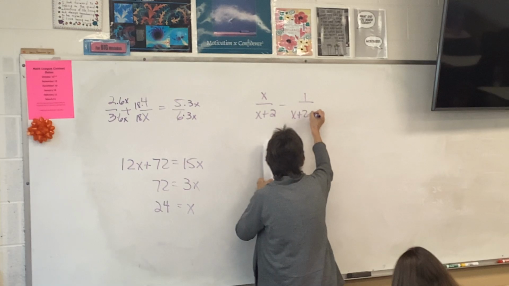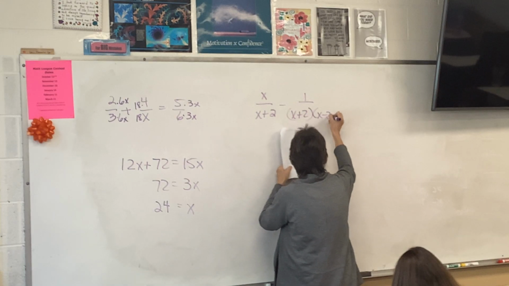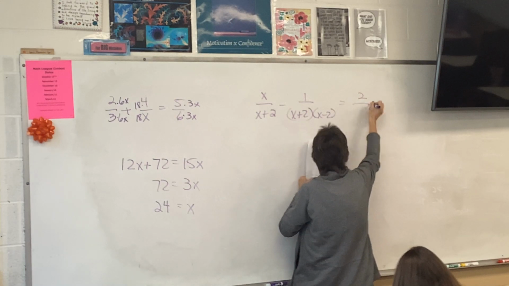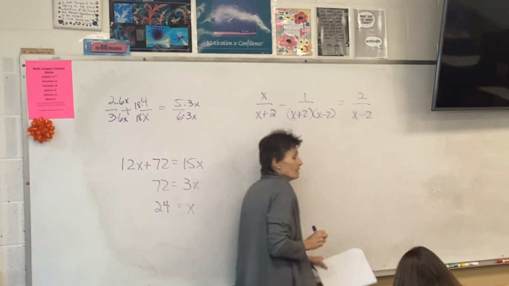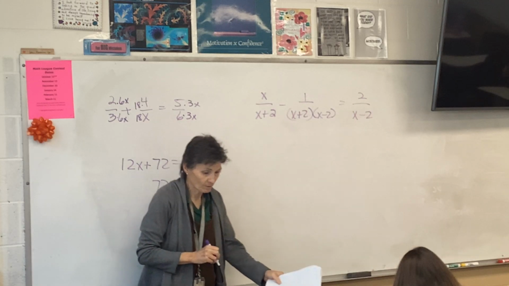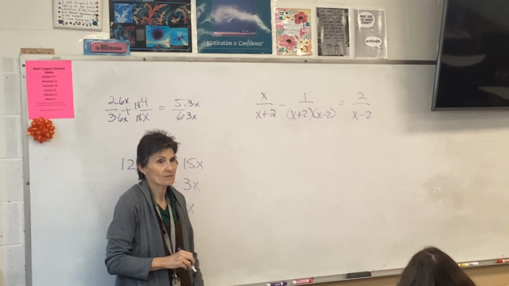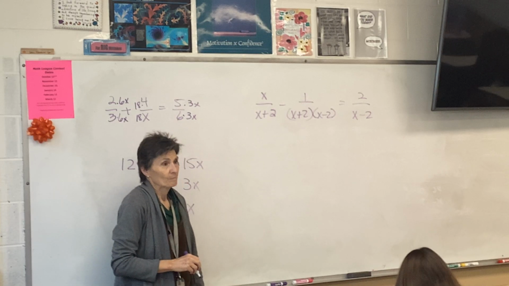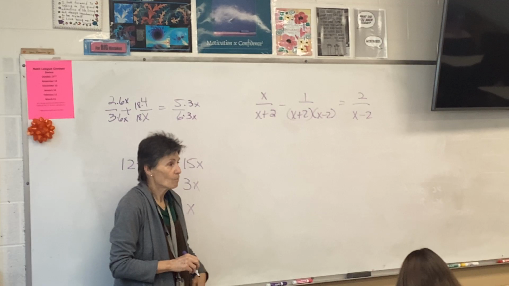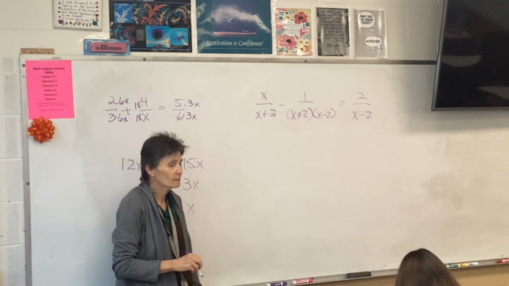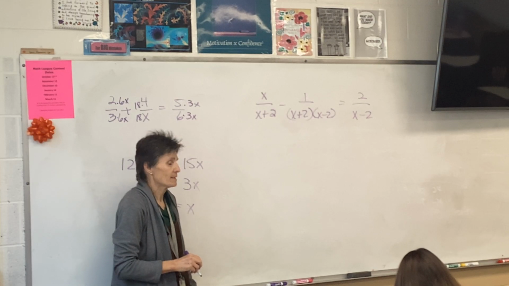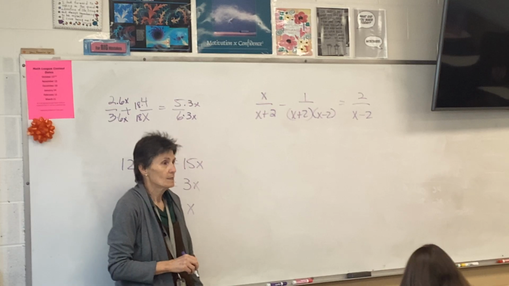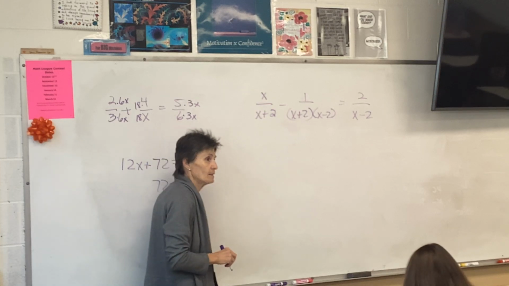I'm going to go ahead as I'm copying my problem and factor that middle denominator. Does that make sense to you, that I would factor that? If you don't factor it, you can still get the answer, but it makes the problem a whole lot harder. So let's factor if we can.